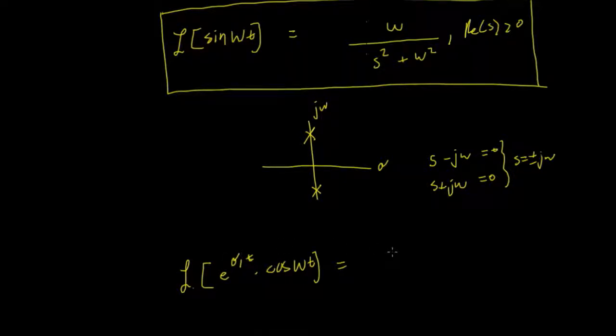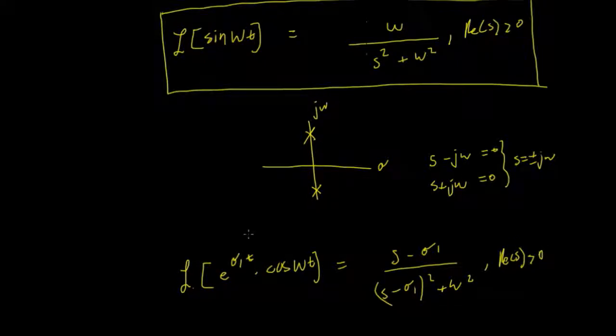So what we're going to end up with is s minus sigma 1 upon s minus sigma 1 all squared plus omega squared. Okay, and that's for the real part of s greater than or equal to 0.